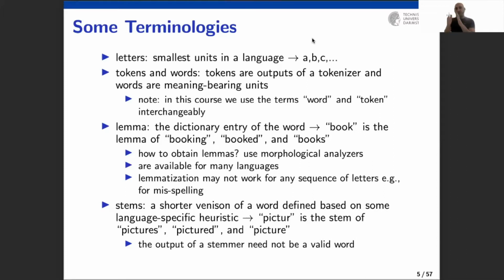So if you have a sentence and split it based on white space, you easily get the tokens in that sentence. But the story is not that easy because we have words like New York, which contains one space between New and York, but it is not two tokens. It is not two words. It is one word because it is the name of one city.